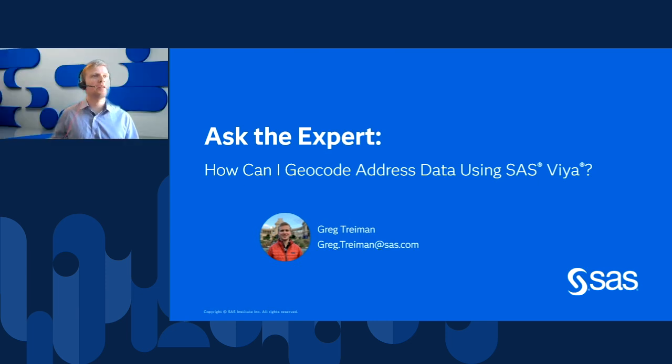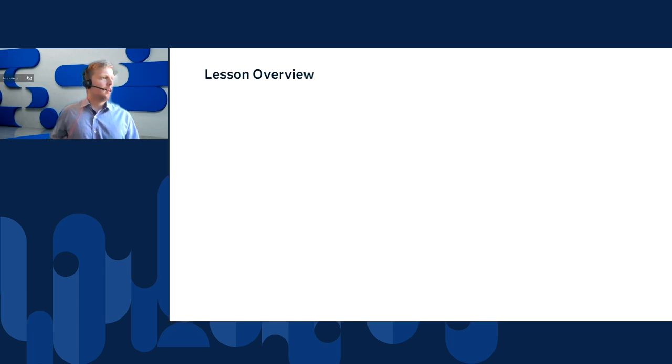I'm excited to be here and excited to talk to you about one of my favorite topics, which is geocoding address data. So let me back up a little bit and provide some background here. Whether you're new to SAS Viya or you're an experienced visual analytics user, you're probably familiar with the idea that we can create geomaps in SAS Viya and SAS Visual Analytics.